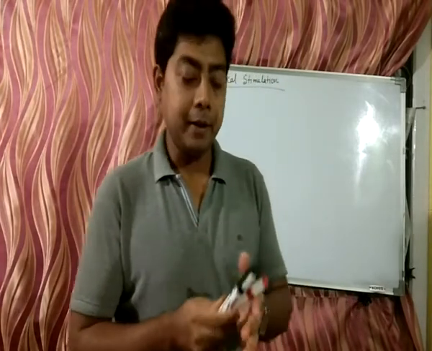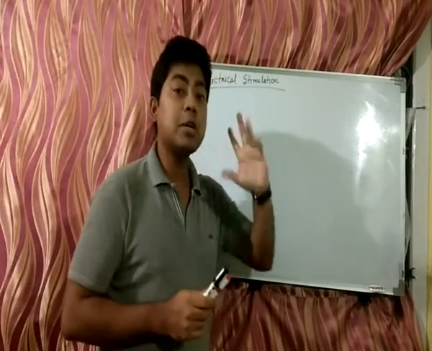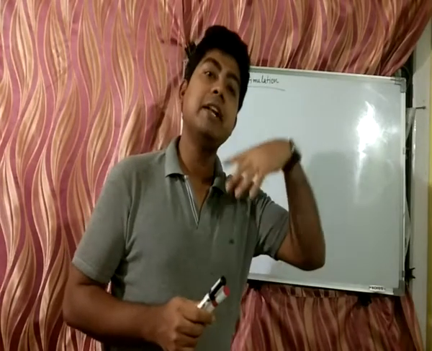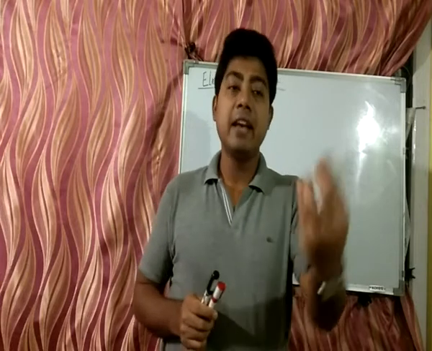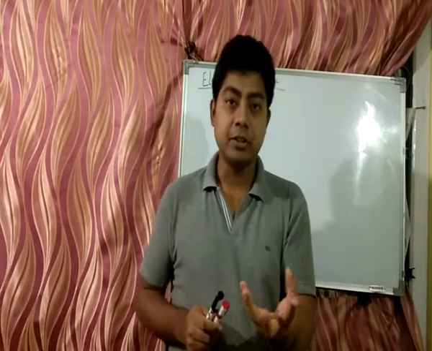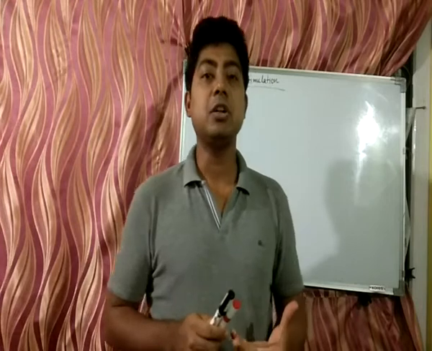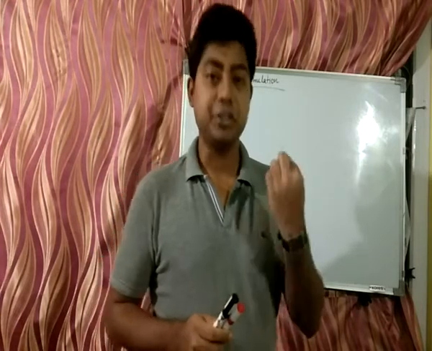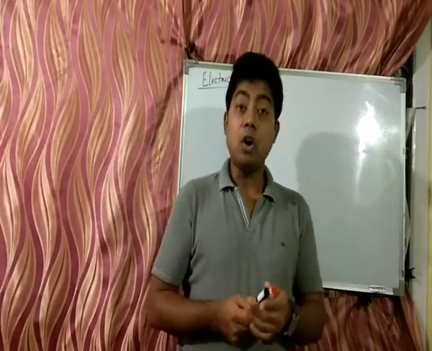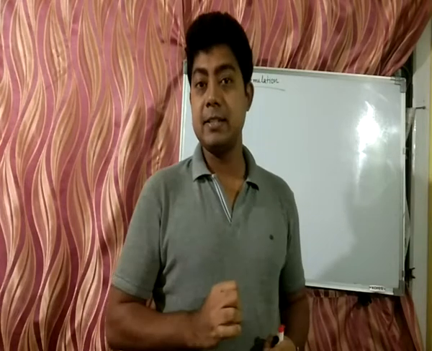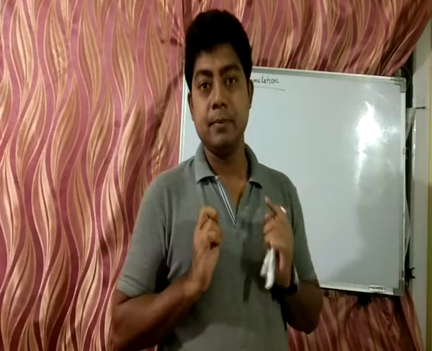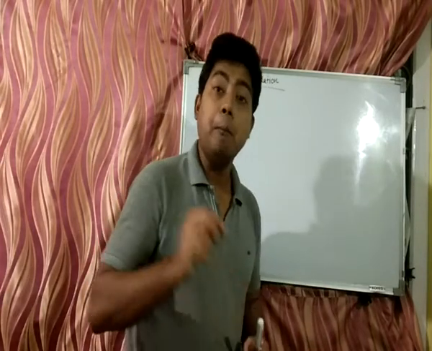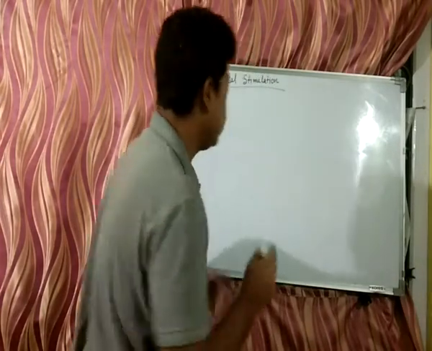Now I am going to discuss the stimulation part, how this action potential is generated. That means how contraction and relaxation, that means systole and diastole, is controlled in the heart. Because heart muscles, or we can call them cardiac muscles, are myogenic in nature.